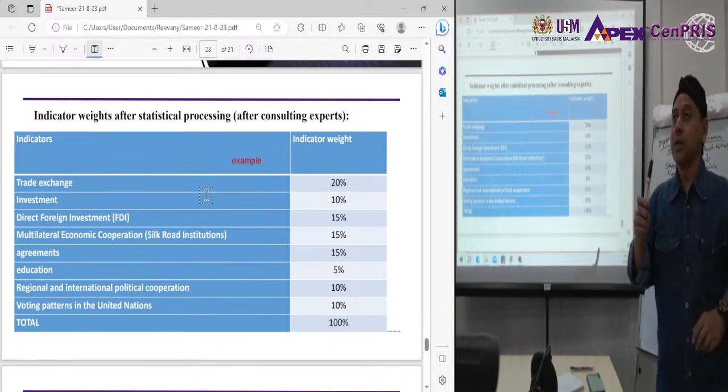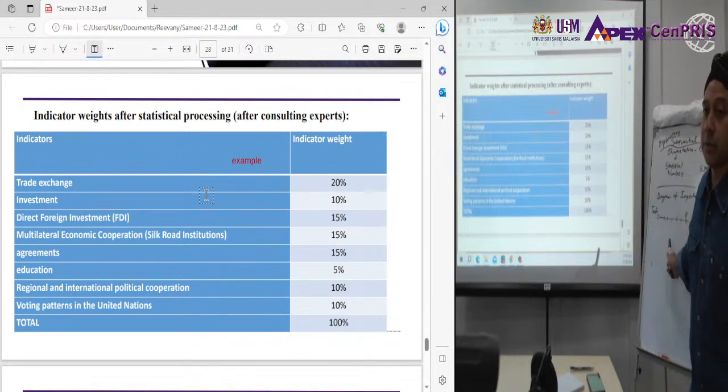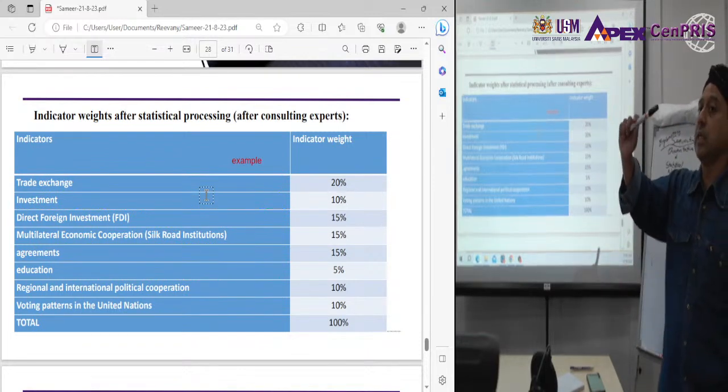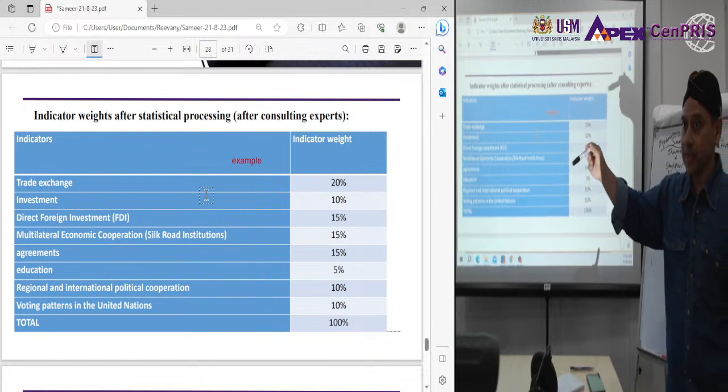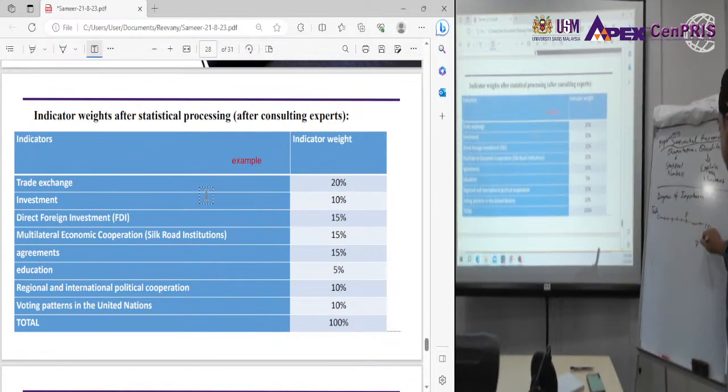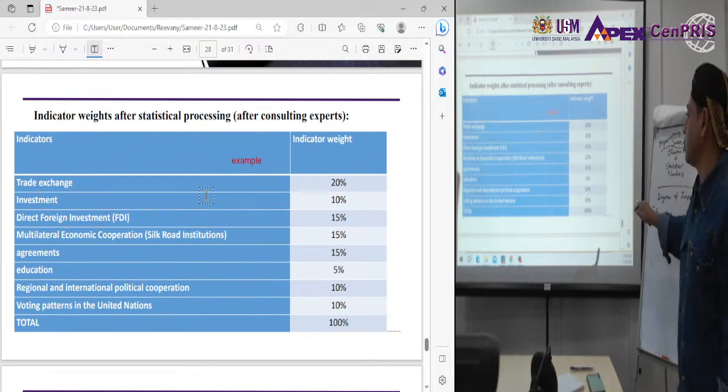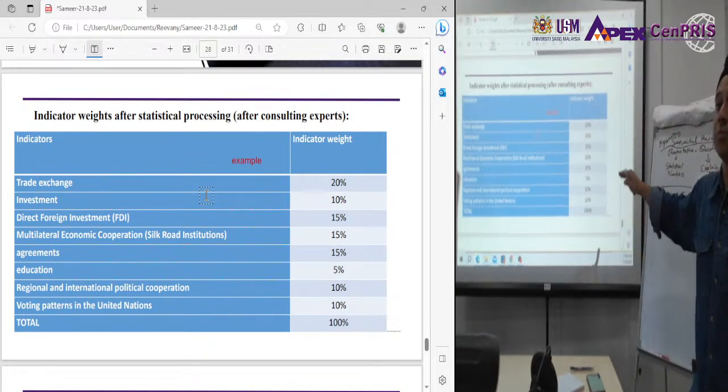So you want to say, during your interview with the experts, let the expert do the evaluation without having to judge which one is important and which one is not.